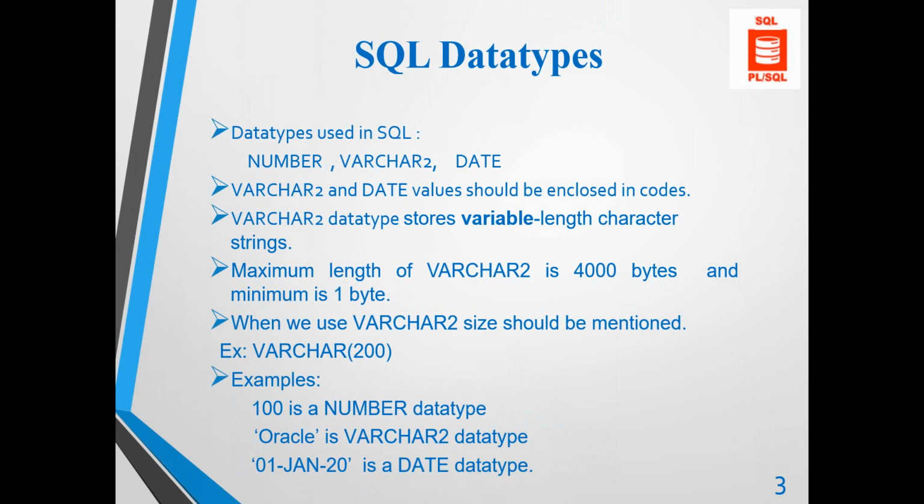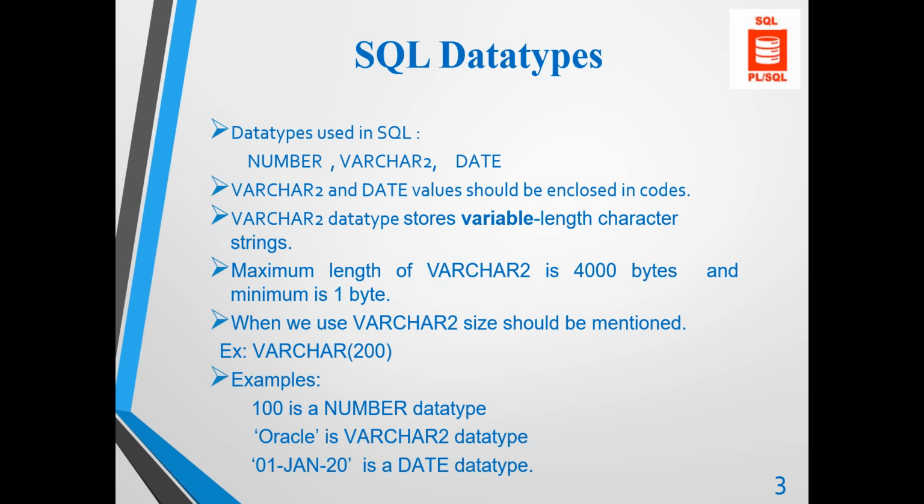So coming to the data types of SQL, we use number, varchar2 and date. Varchar2 and date values should be enclosed in quotes. Varchar2 data type stores variable length characters, and the maximum length of varchar2 is 4000 bytes and minimum is 1 byte. When we use varchar2, the size should be mentioned.